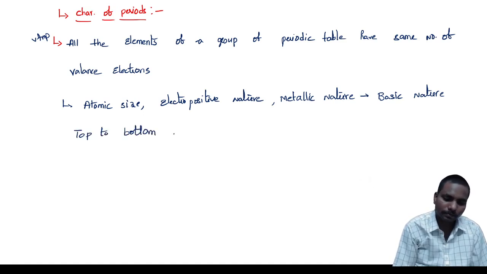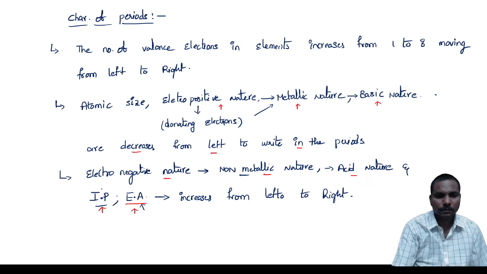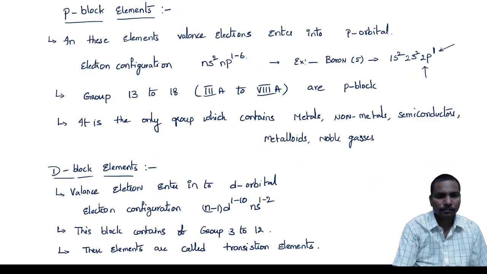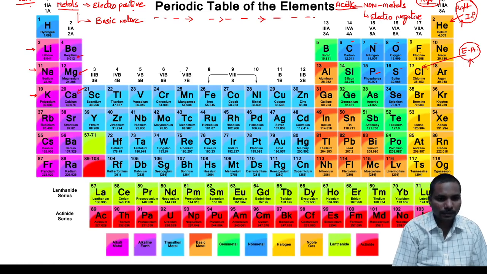In the case of electropositive nature, basic nature, metallic nature, sodium is more metallic than lithium. In the same way, potassium is more metallic than sodium. So from top to bottom it increases.